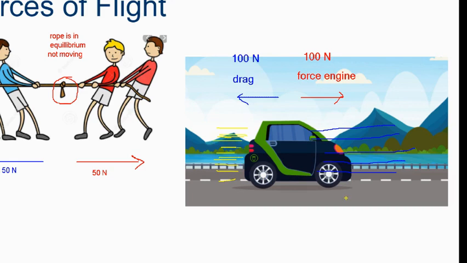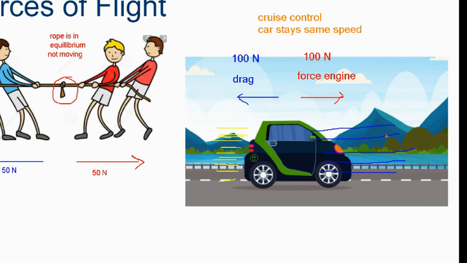But I like to think of this as the car being in cruise control, all right? Most of you haven't driven a car, but you might have heard of cruise control. When you're in cruise control, that means that the engine provides enough force so that the car on the highway stays at the same speed. So it doesn't speed up or slow down, right?